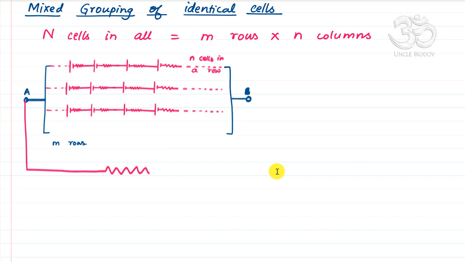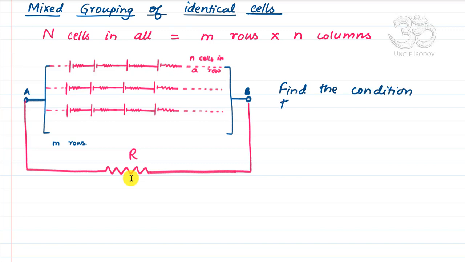So let me just say R for that. And our job is in fact to figure out what should be the condition that the current in this R is maximum, right? So what I want to do is find the condition that allows R to extract maximum current.